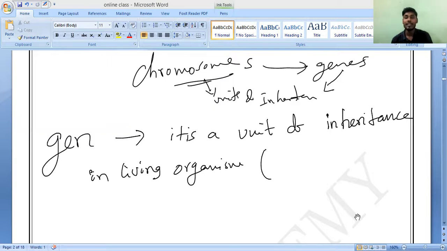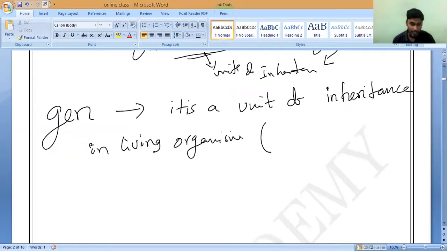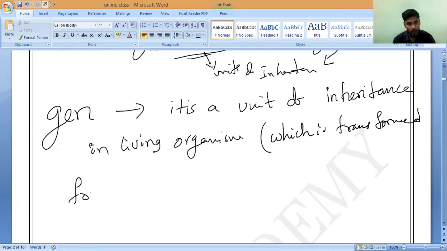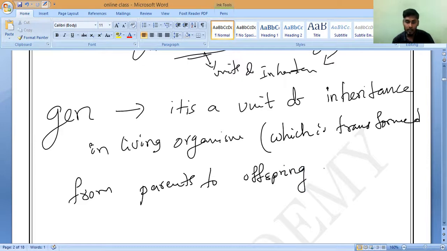It is a unit of inheritance in living organisms, which is transferred from parents to offspring during reproduction, during cell division.